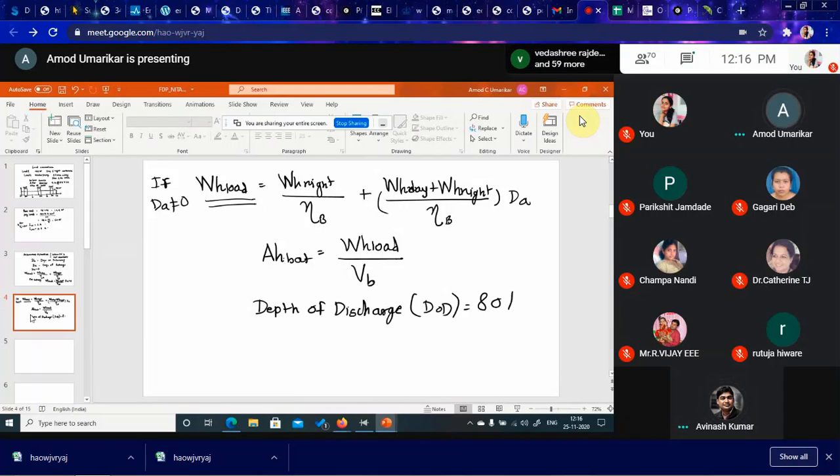Generally we choose 80% for the kind of battery we use for solar PV applications. So 80%, very high depth of discharge we use. So this depth of discharge also we have to consider, and this will decide the ampere hour of the battery. Understood? Is it clear?